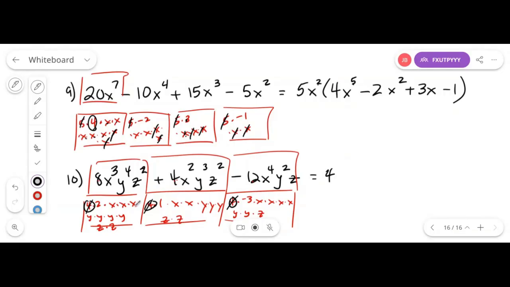Let's look at the x's. 3 of them, 2 of them, 4 of them. 3 flowers, 2 flowers, 4 flowers. Or let's say 3 roses, 2 roses, and 4 roses. I can only take 2 roses out of each box. 4 daisies, 3 daisies, 2 daisies.